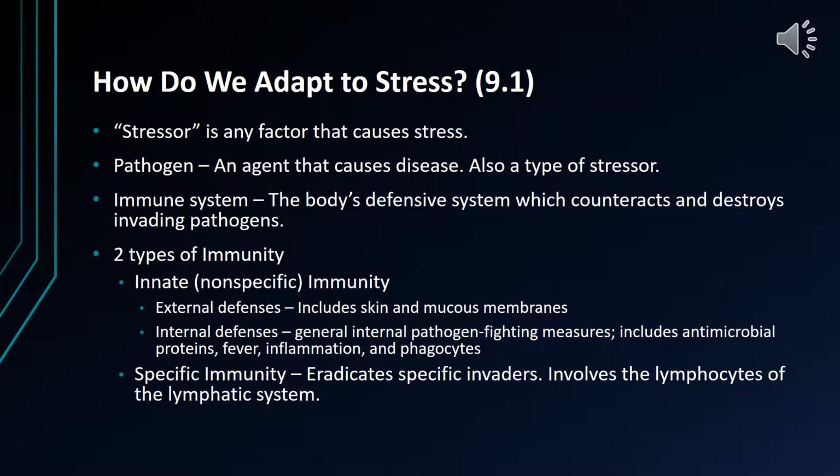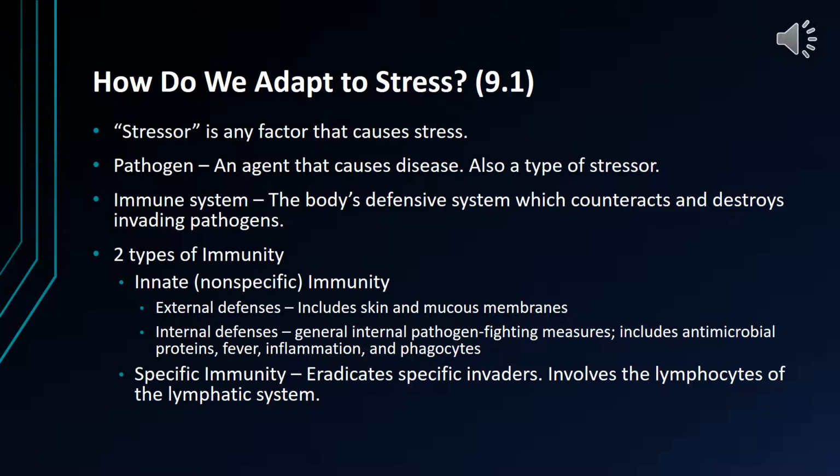In innate immunity, there are two types of defenses. There are external defenses, such as the skin and mucous membranes like those in the nose and mouth. And then there are the internal defenses, which are the general pathogen fighting measures of the body, which basically means they don't target any specific type of pathogen.